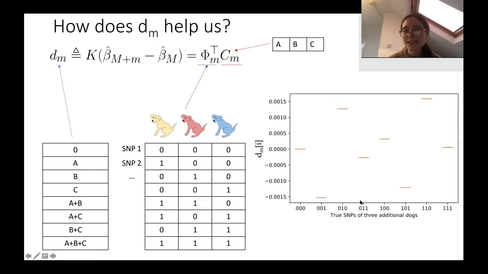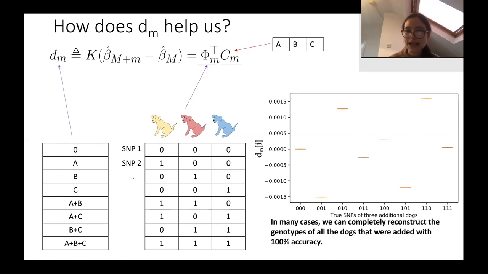You can see this in this example here, where for every possible combination of 3 dogs having a SNP, you'd get a different unique value for DM.